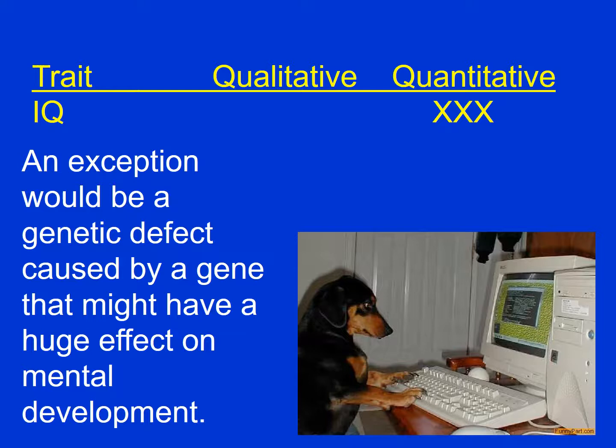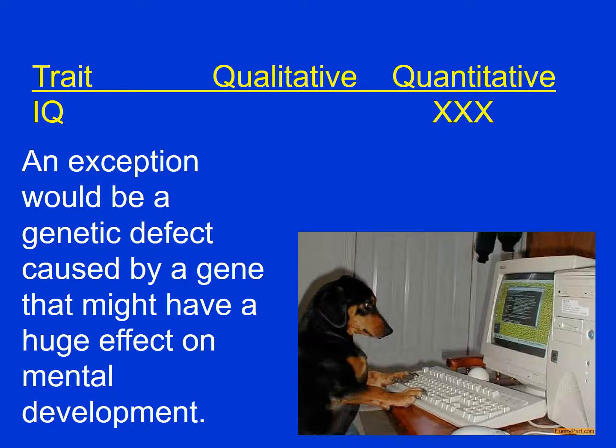We also may have performing animals in a circus or rodeo. We spend time training them. Well, definitely it's influenced by a lot of genes. It's influenced by the environment. Training an animal is an environmental effect. So we're going to put this in the quantitative category.